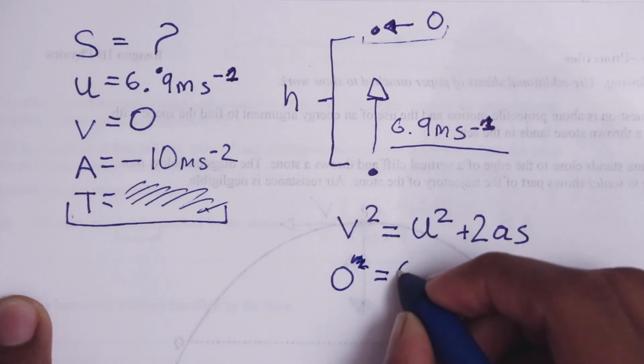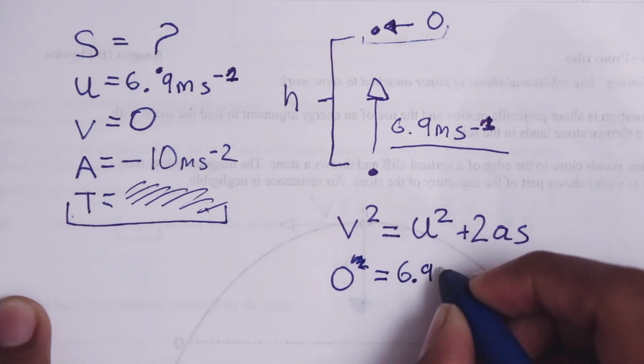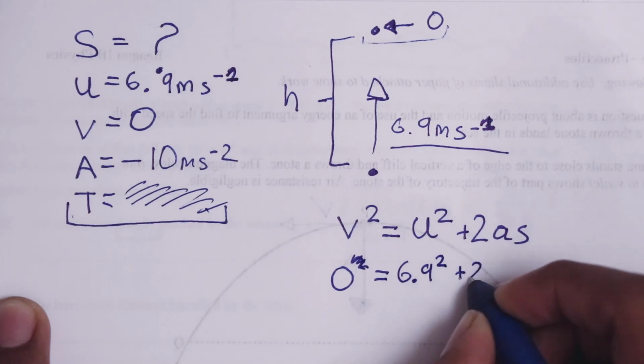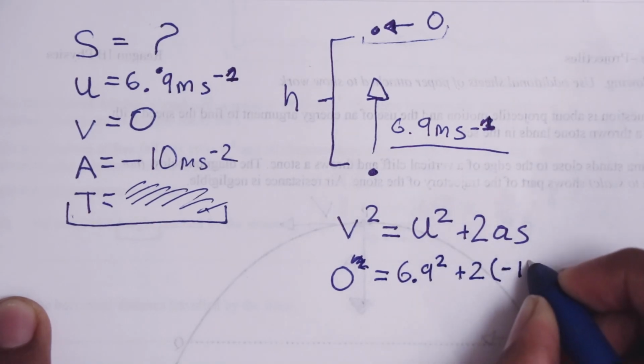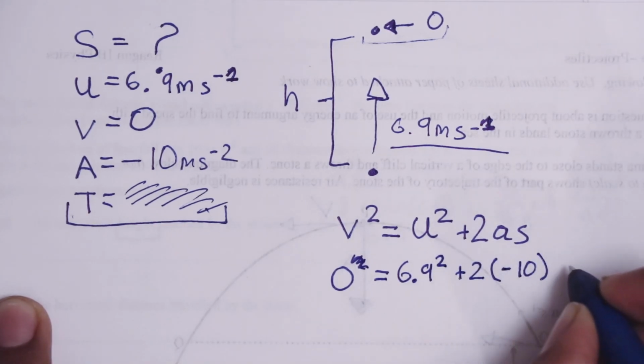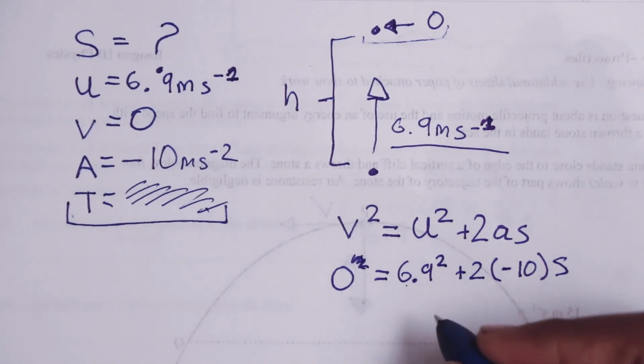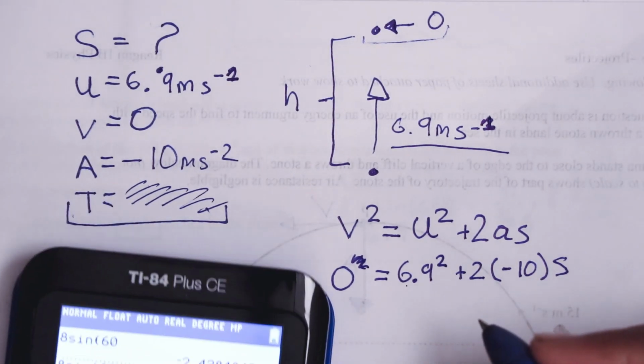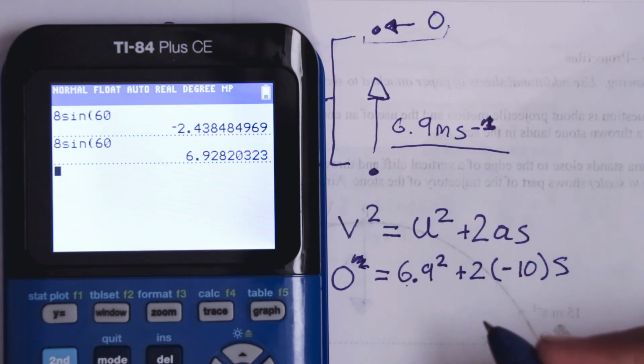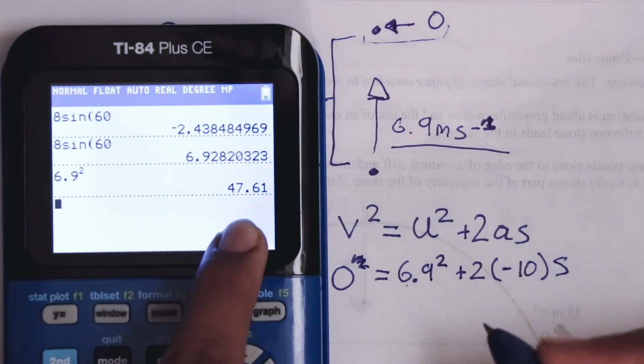Our U is 6.9. Our acceleration is negative 10. And we're trying to find our S. So let's just do our 6.9 squared right now. Using our calculators, 6.9 squared is that number.